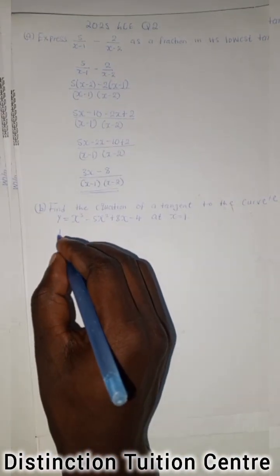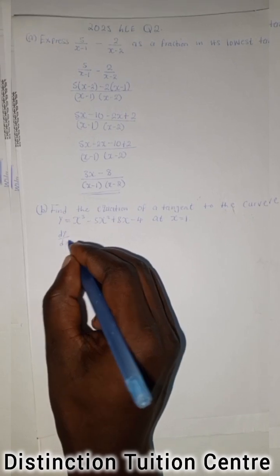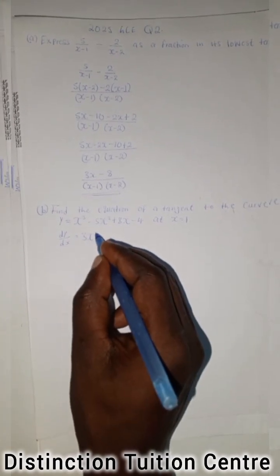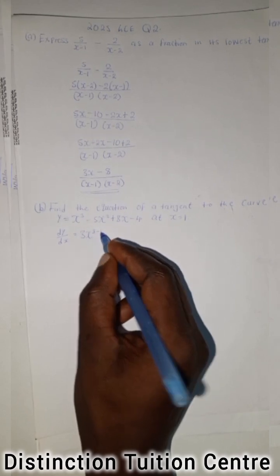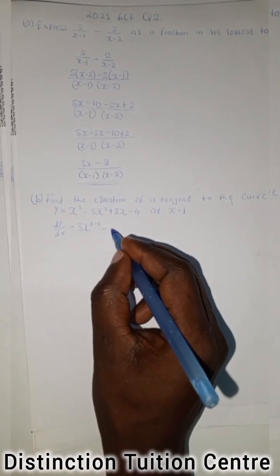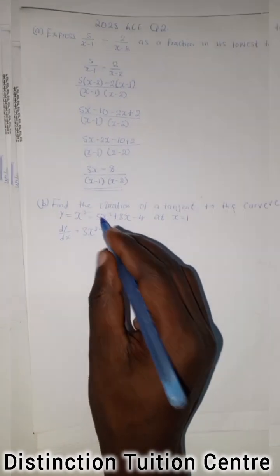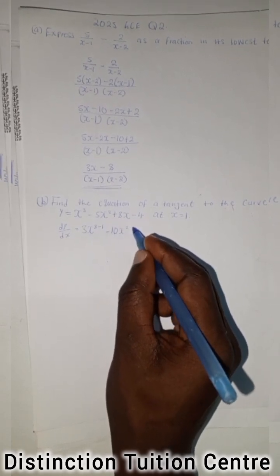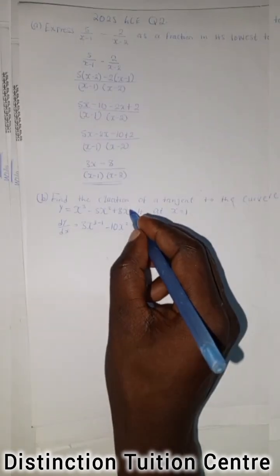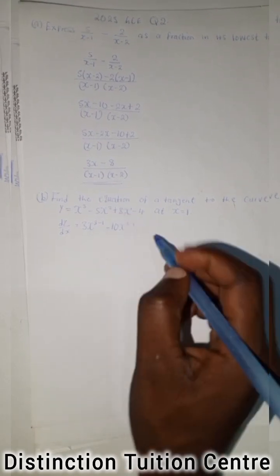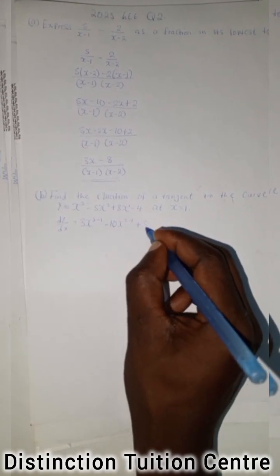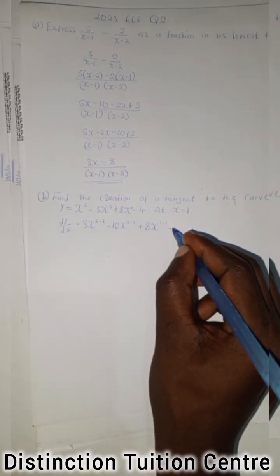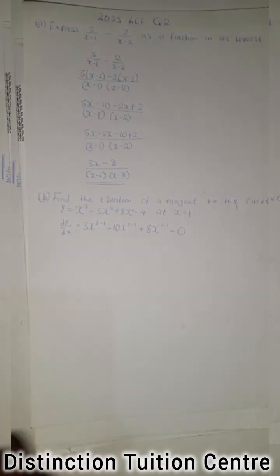So this will be dy dx is equal to 3x to the power 3 minus 1, then minus this times this, that will be 10x to the power 2 minus 1. Remember here you have your power 1, so 1 times 8, this is going to give us 8x to the power 1 minus 1, and any constant number is equated to 0.